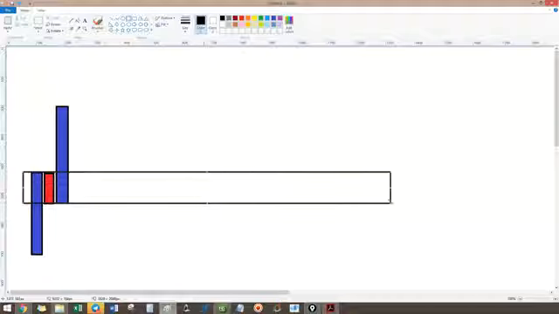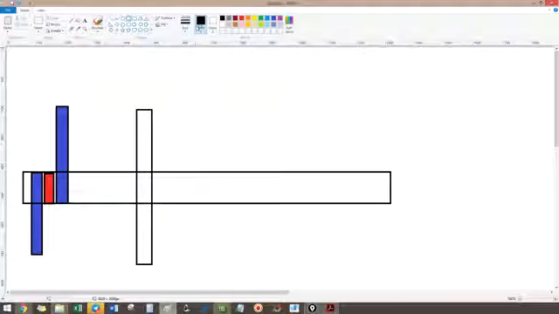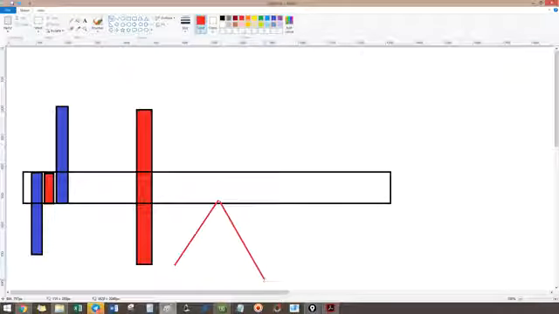Okay, like this, and then price suddenly does something like this. One candle like this, one back candle. And then what will price do? Price will go up like this, test here, and come down.